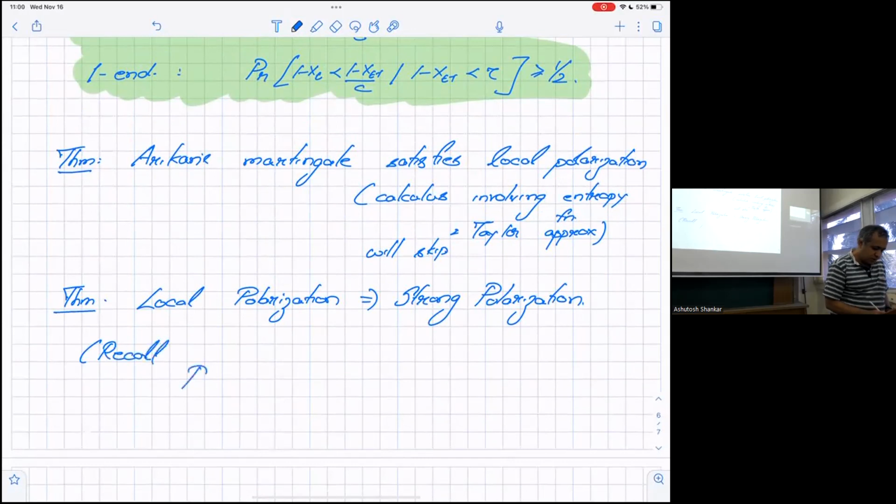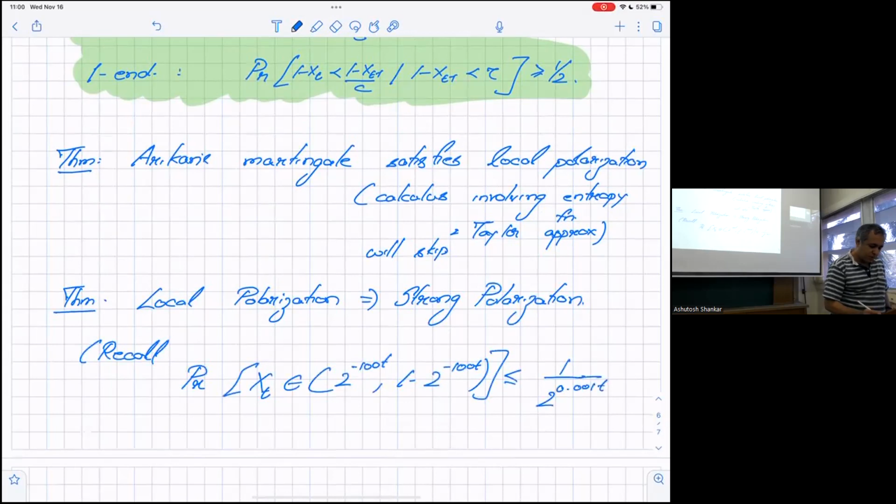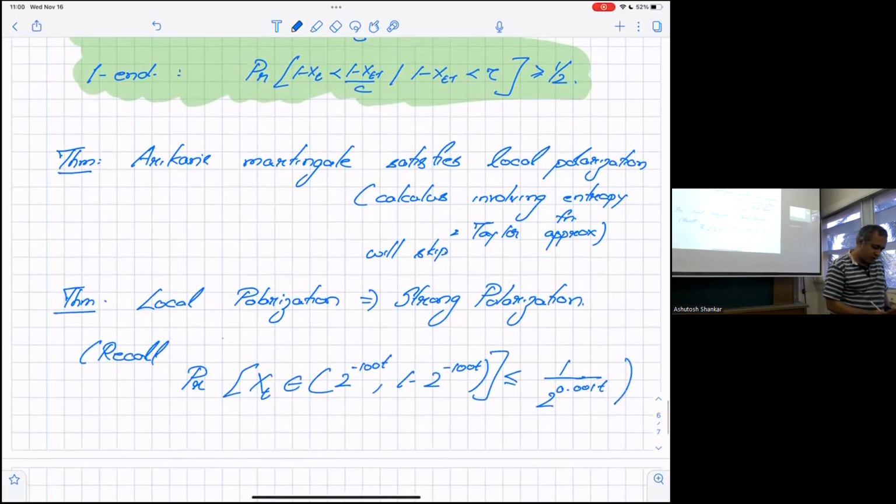In strong polarization, we want to prove that the probability that X_t lies in [2^(-100t), 1 - 2^(-100t)] is equal to 1 over 2 to the power 0.1t. This is what strong polarization is. You need to prove this.